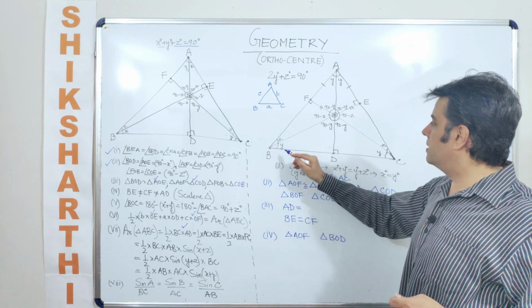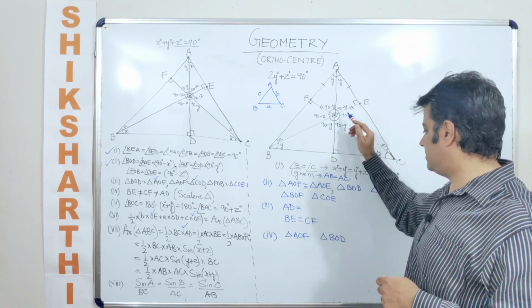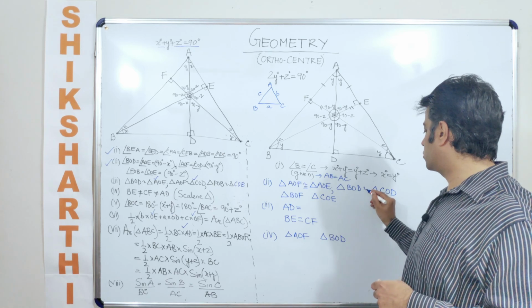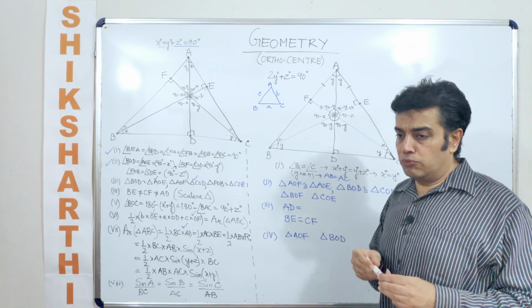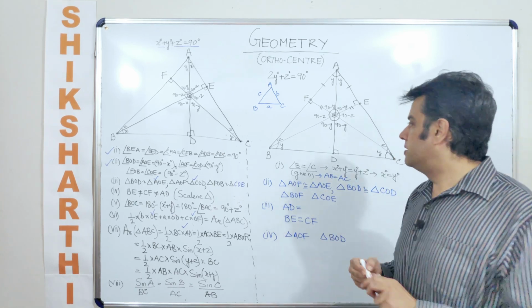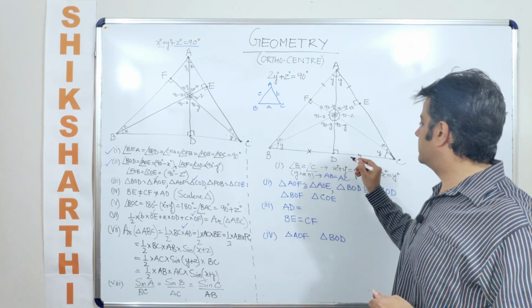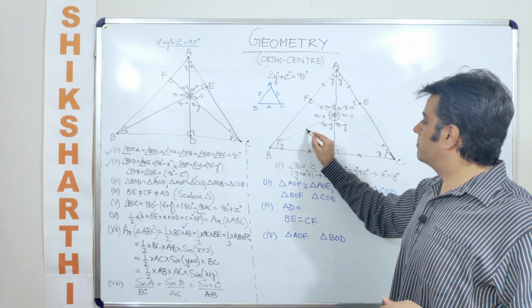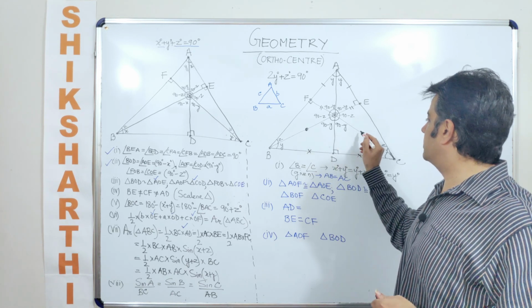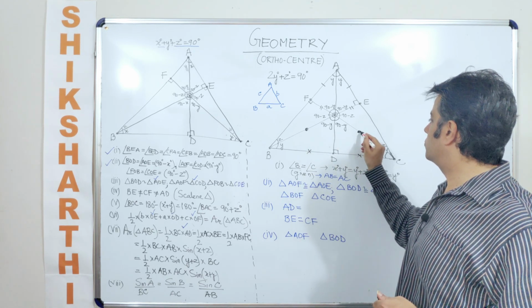So can we say triangle BOD and triangle COD are congruent to each other? Yes. The moment you establish this, you will be able to say that BD becomes equal to DC. At the same time, BO becomes equal to CO.